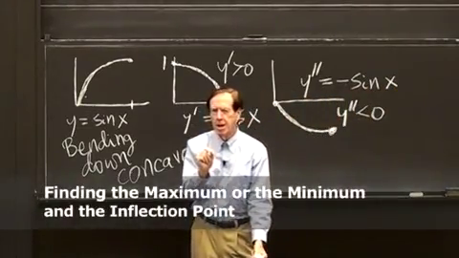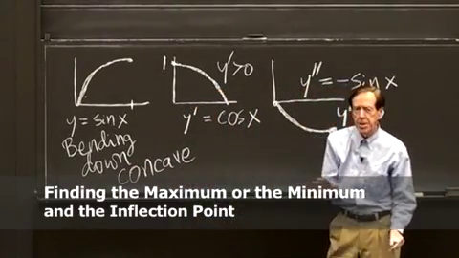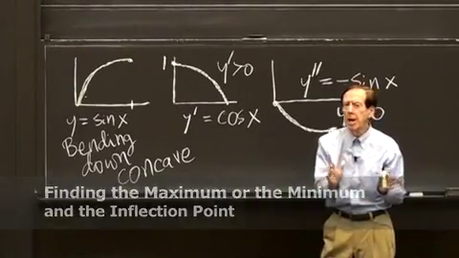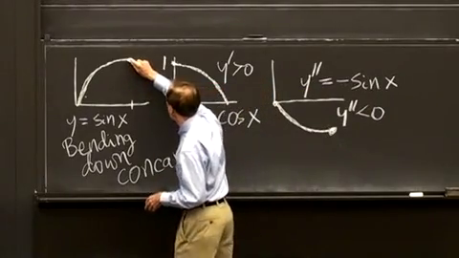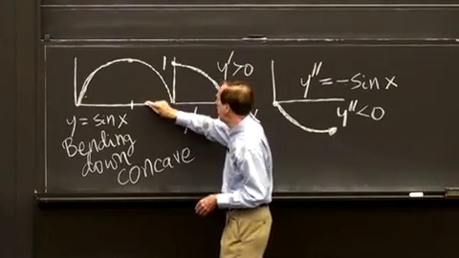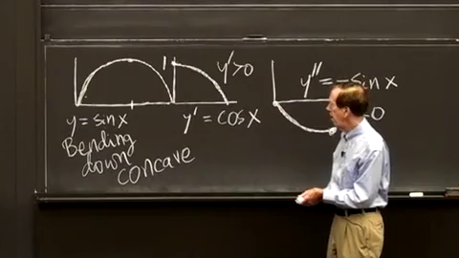Let me continue these graphs just a little beyond 90 degrees, pi over 2, because you'll see something interesting. So what happens in the next part of the graph? The sine curve, of course, continues on its way downwards.